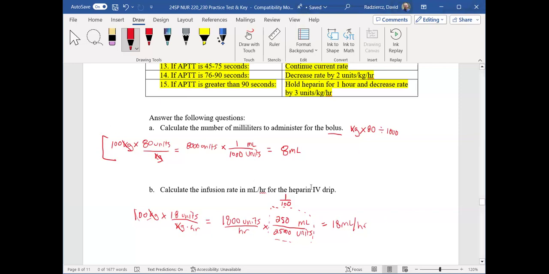So the shorthand. The shorthand for this would just be, if you're doing an infusion rate, you're calculating milliliters per hour. You're going to take the patient's weight in kilograms times 18 and then divide by 100. So I told you, like, where's that 100 coming from? Now, hopefully, not hopefully, you know.